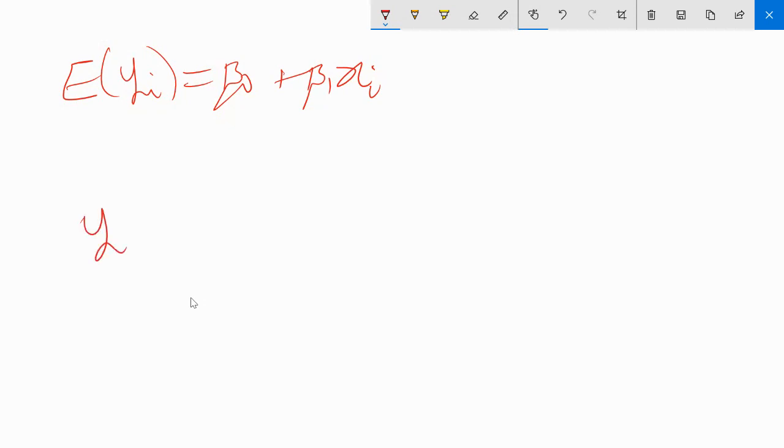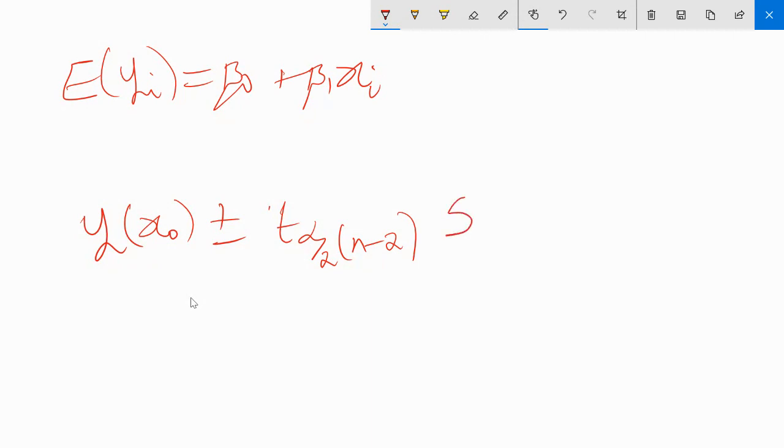So that is estimated by y hat at some value of x plus or minus the critical value. And the critical value, in this case, is also the value from the table. So we're going to have t alpha over 2, n minus 2. And now we want the standard error.